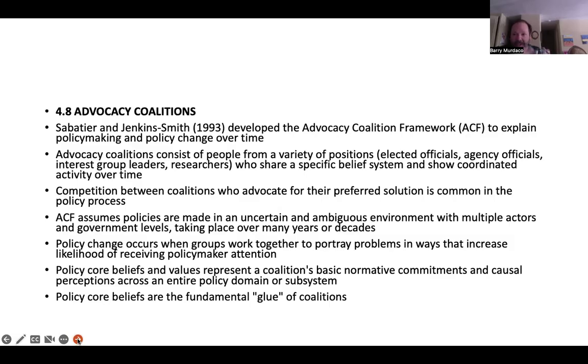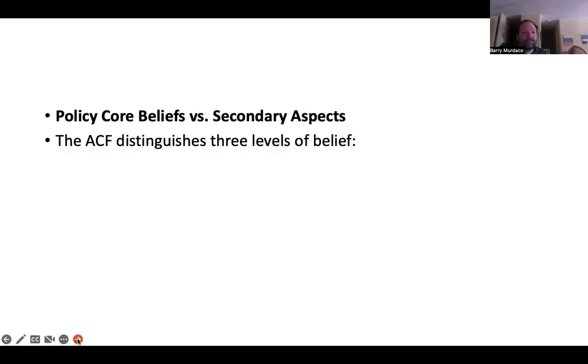Notice, once again, that they focus more on beliefs rather than things like class interests, for example, which would probably tell you why they have those beliefs, because they are correlated with specific class interests. Policy core beliefs versus secondary beliefs.